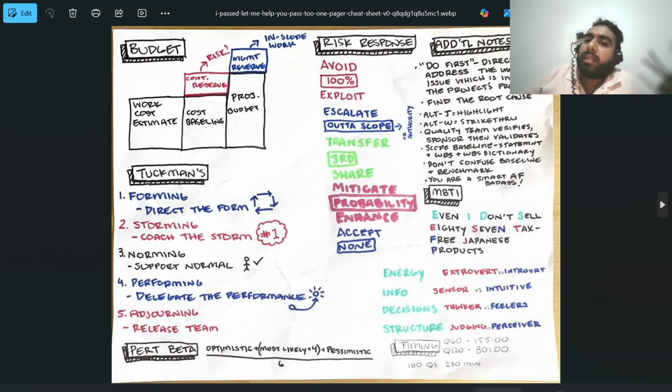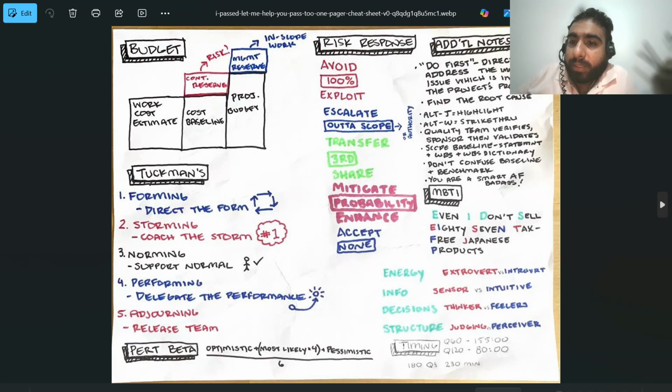The additional notes that I have found in this cheat sheet are: do first, directly address the issue, which is the impediment, the project processes, find the root cause, and the quality team verifies and the sponsor then validates.